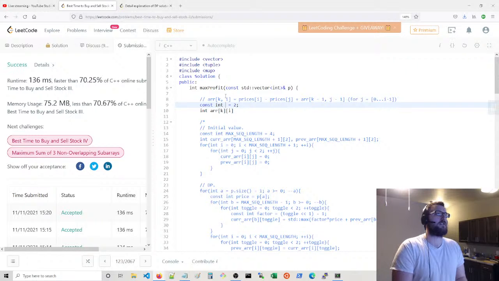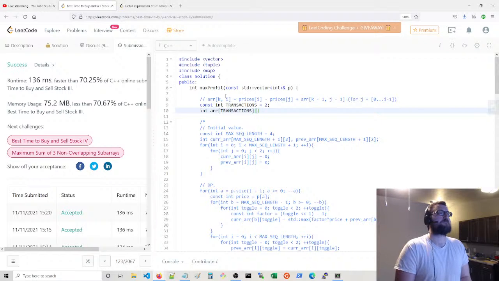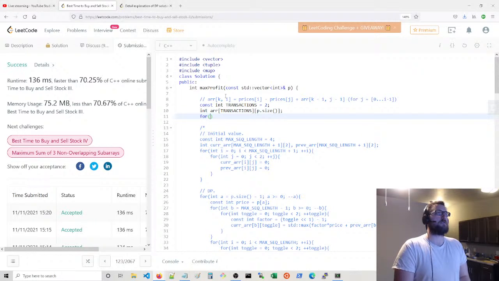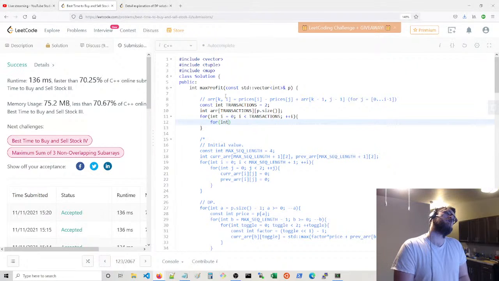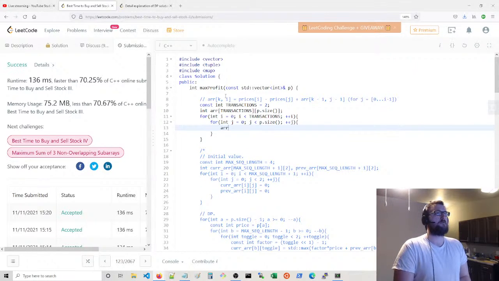and we're going to say transactions, and it's going to be p.size, and we're going to empty this, okay.